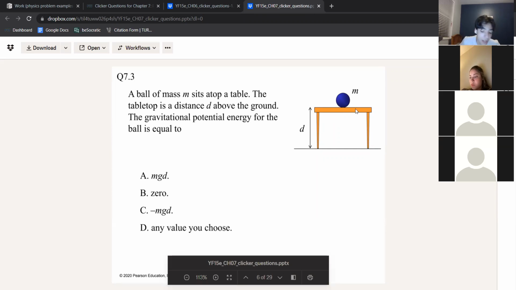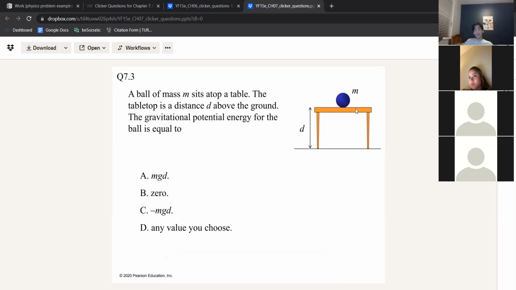But I feel like it couldn't be any value you choose. I feel like it could be 0 mainly because there's no chance of the ball touching the ground straight through the table. Exactly.